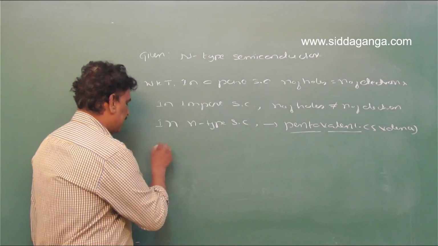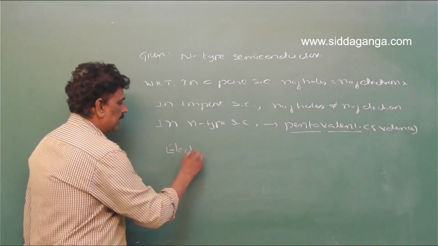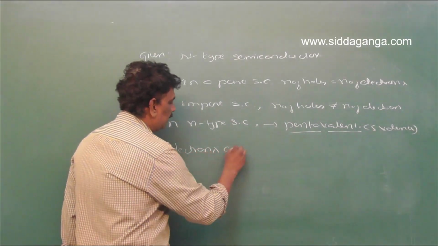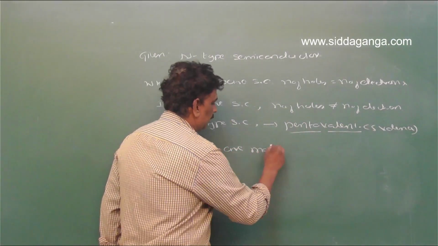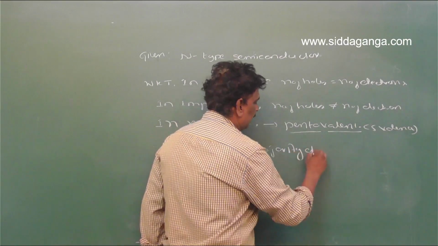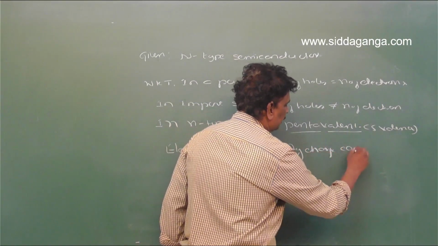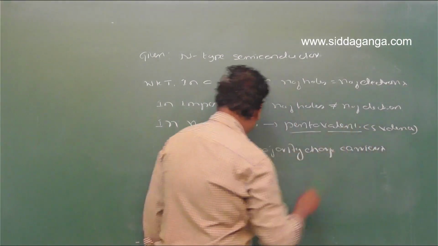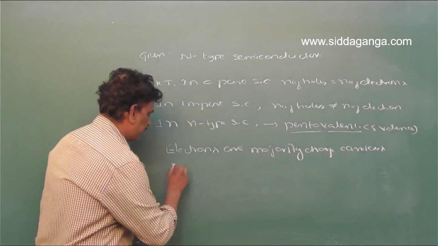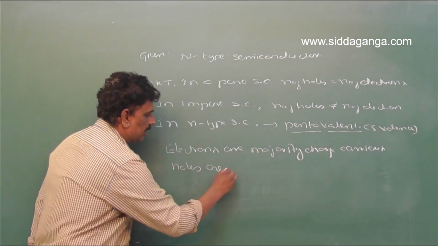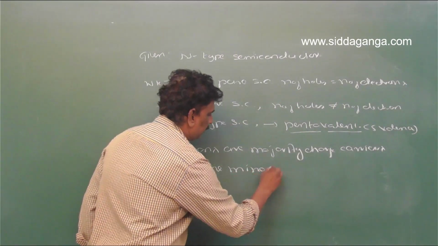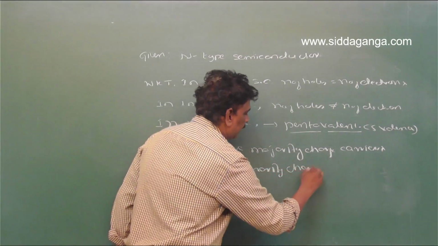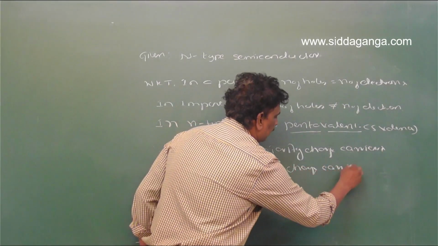So therefore here electrons are majority charge carriers and holes are minority charge carriers.